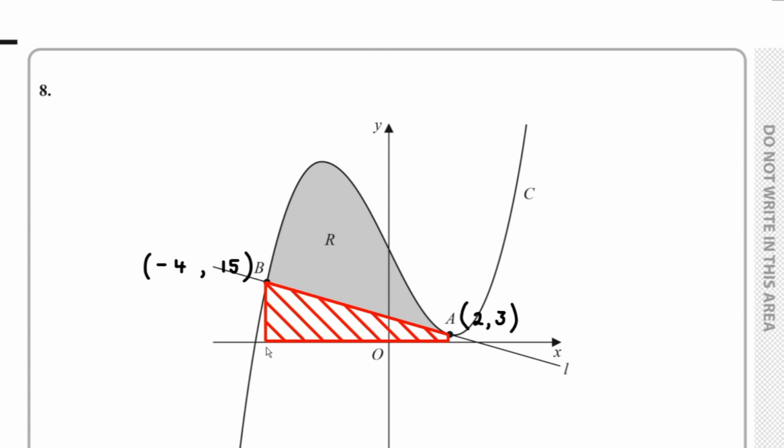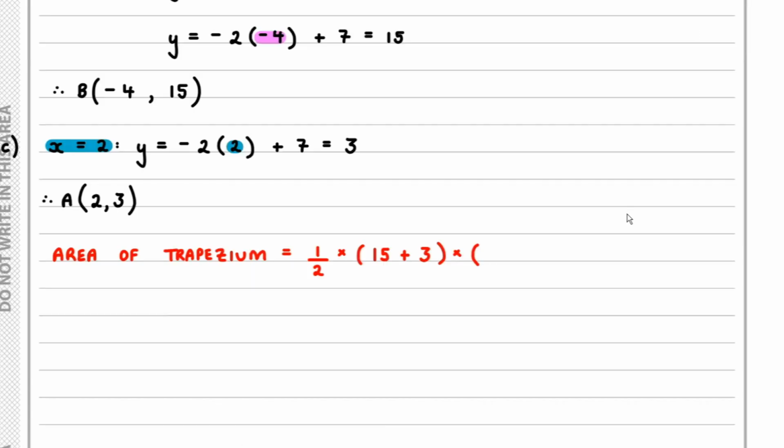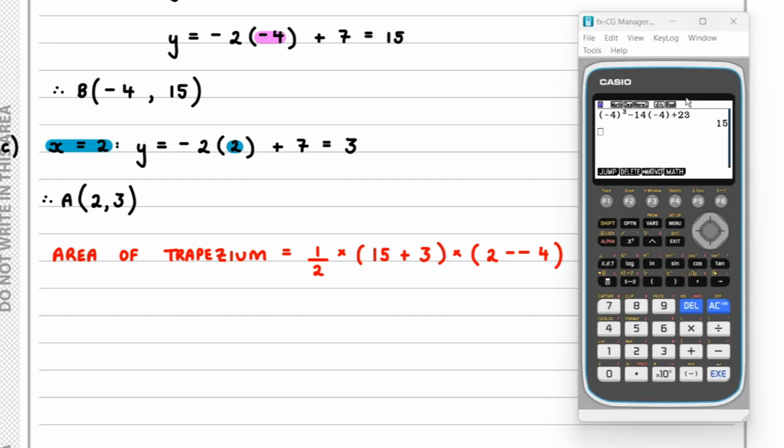That leaves this height here. So we have 2 subtract negative 4. And if we work this out, 15 plus 3 is 18, and if I multiply this by 6 and then divide by 2, the area of the trapezium you will find to equal 54.